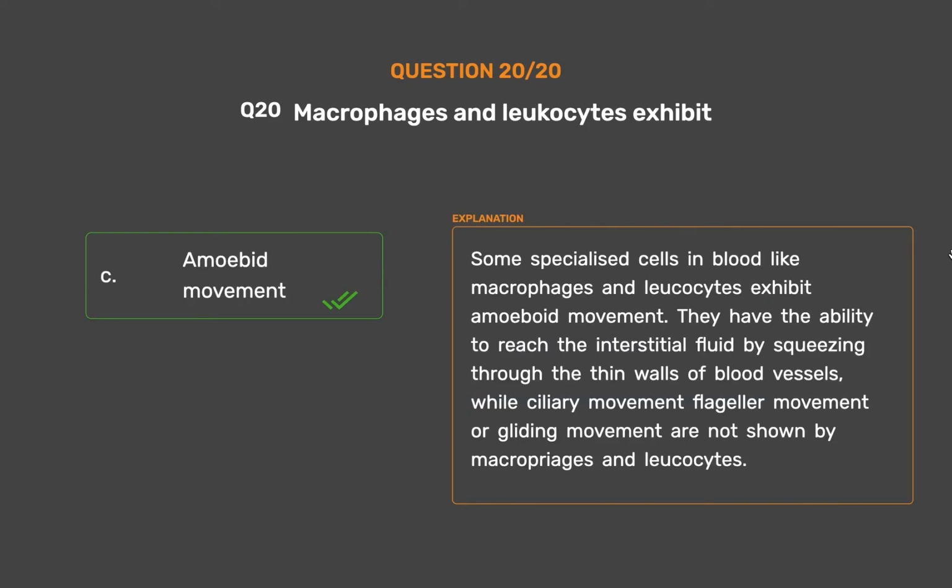Some specialized cells in blood like macrophages and leukocytes exhibit amoeboid movement. They have the ability to reach the interstitial fluid by squeezing through the thin walls of blood vessels, while ciliary movement, flagellar movement or gliding movement are not shown by macrophages and leukocytes.